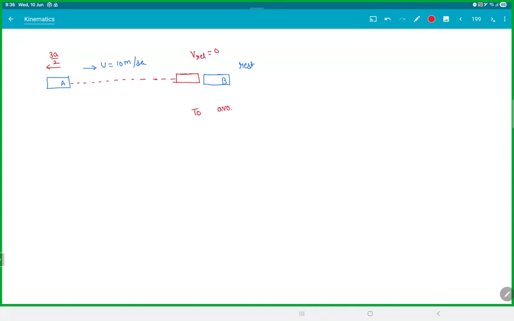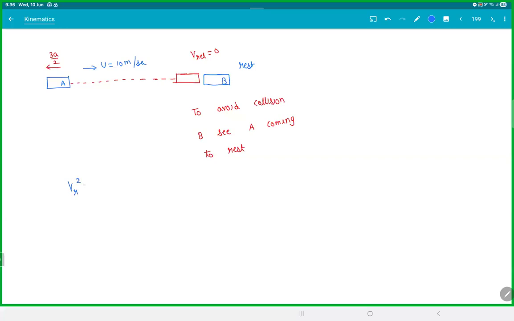So to avoid collision, B sees A coming to rest just before collision. Then you're done. So we know all the data.